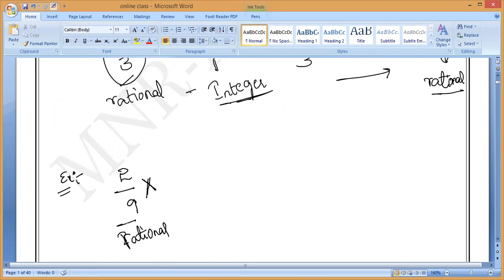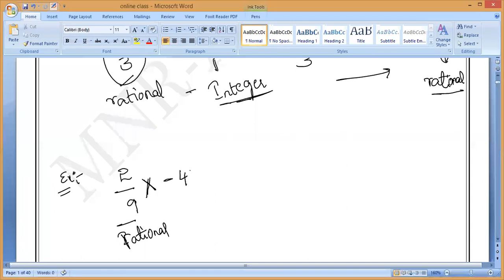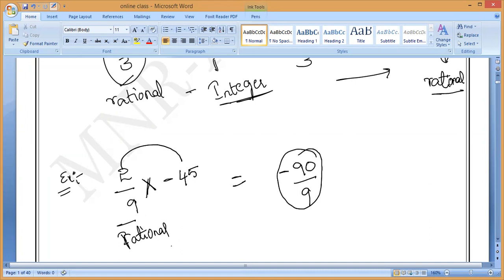You cannot say any integer? Minus 45. Minus 45 is our integer. See, multiply: 2 times 45 is 90, correct? Minus 90 by 9. Is it a rational number or irrational number? It is rational.